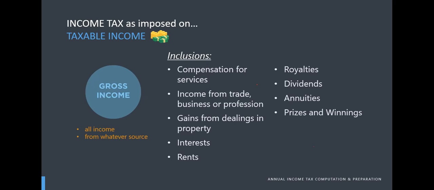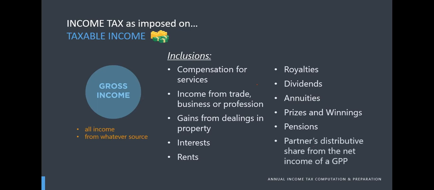Specifically, prizes and winnings from PCSO and PAGCOR are included in the gross income. So we have prizes and winnings that are exempt from the imposition of taxes. Next, pensions or retirement plans or benefit, and partners' distributive share from the net income of a general professional partnership.